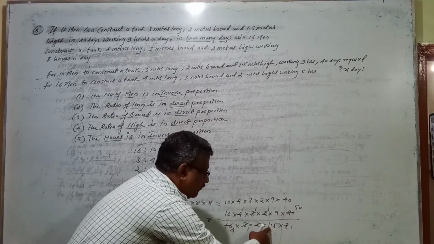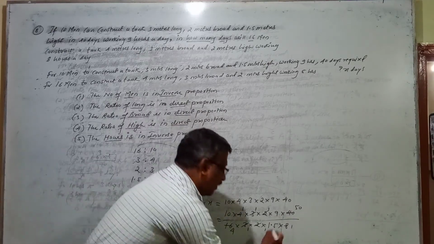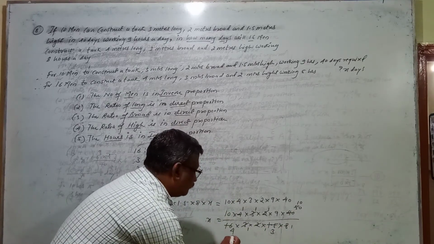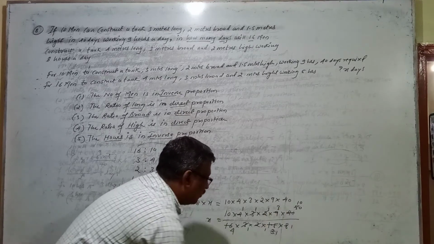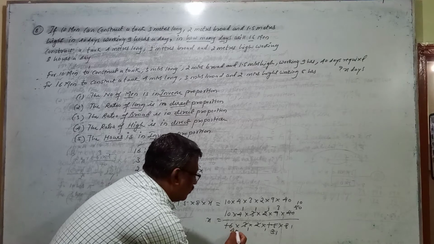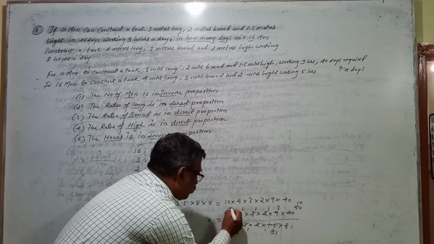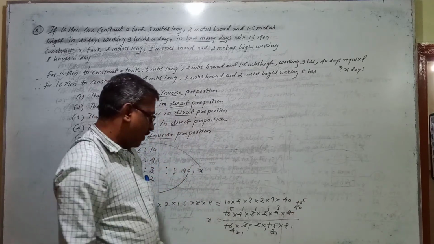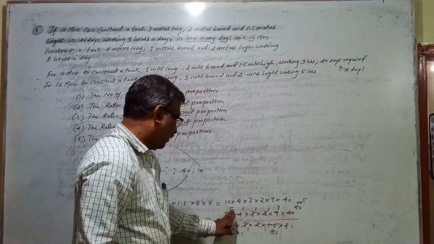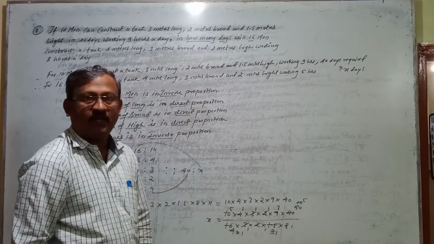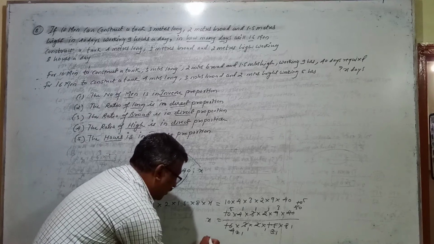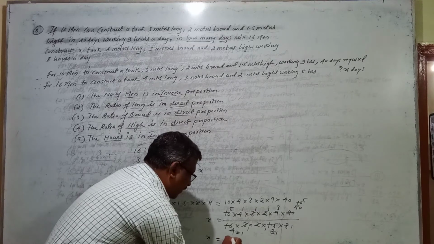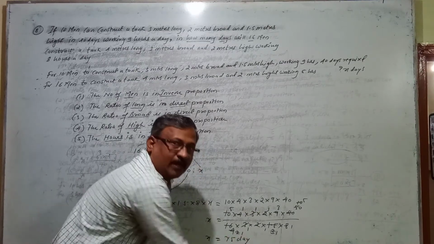So 15 and 50 are divisible by 5. 5 threes are 15, 5 tens are 50. Then 3 threes, then 2 twos, 2 fives. So you multiply. 5 into 3 is 15, 15 into 5 is 75. So your x value comes to 75 days.